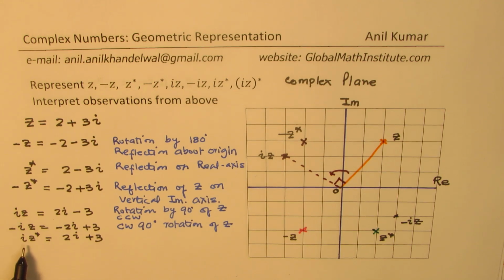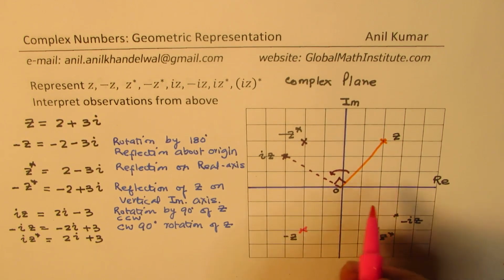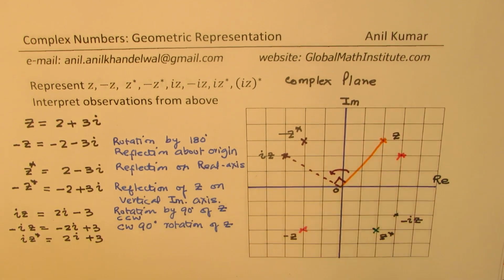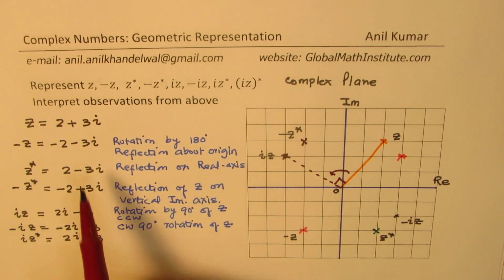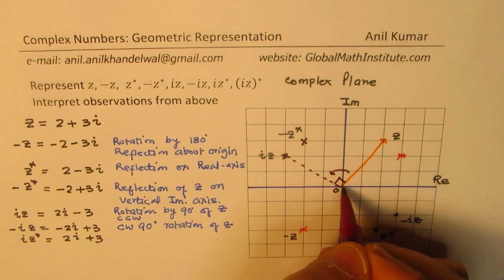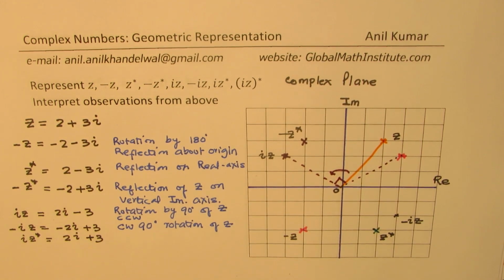So 2i plus 3, the position will be, let's mark this position now as 2i plus 3. So 3 on the real axis and 2 here. Right? So you basically see that as compared to the original, it is swapping of x and y coordinates. Right?